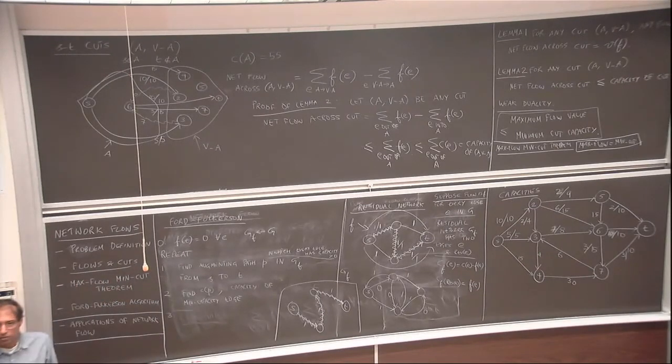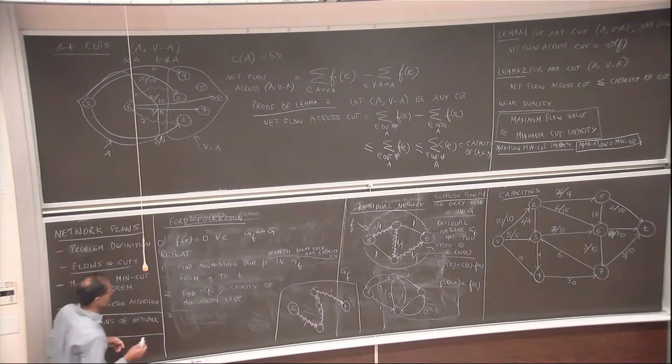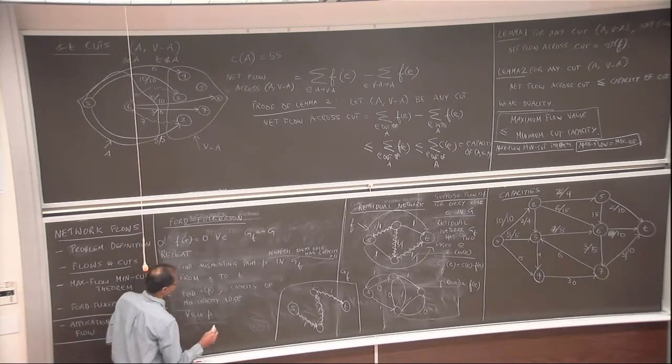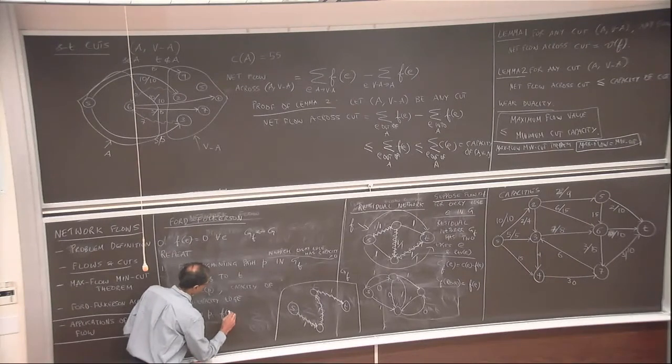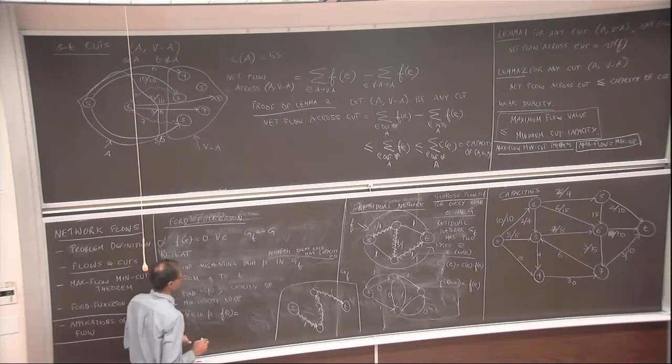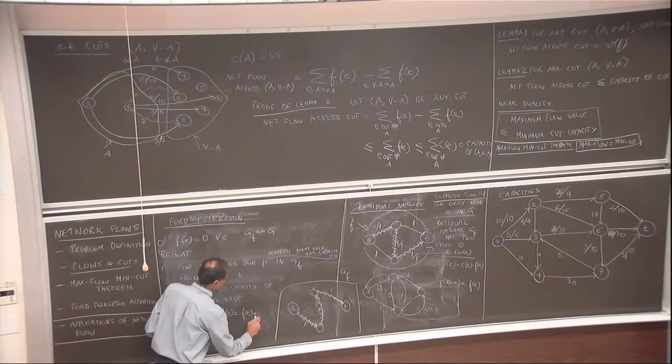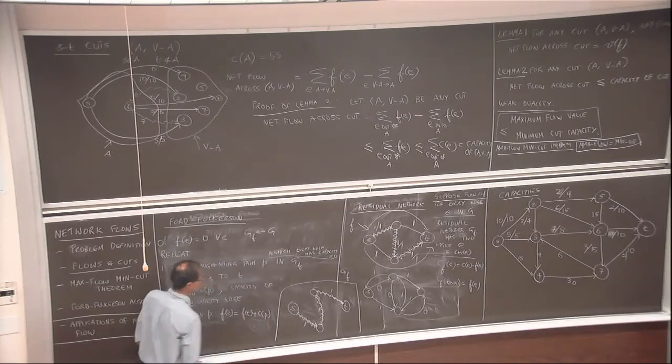What do I do now? Along every edge along the path, I would increase the flow by the Cp value. For all edge E in the path P, I set the flow of the edge E equal to what its current flow is plus Cp.